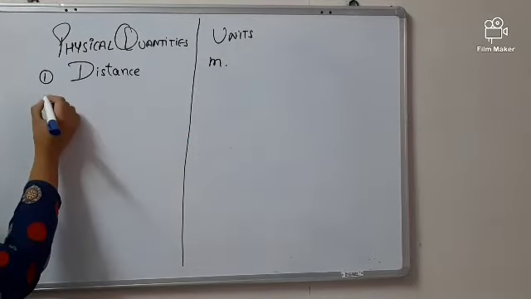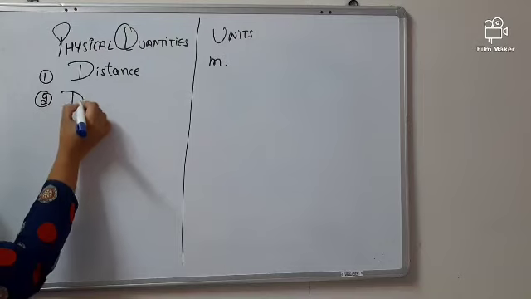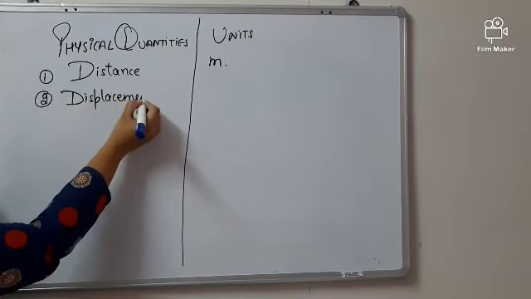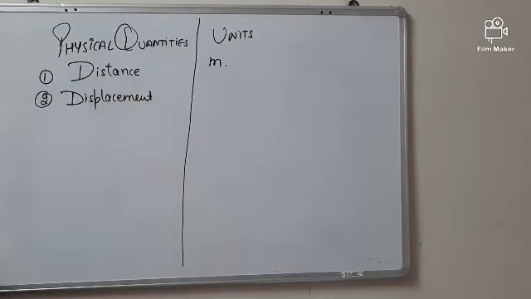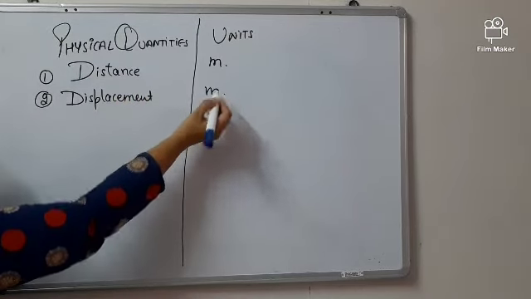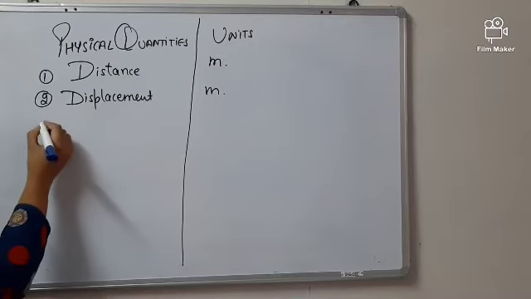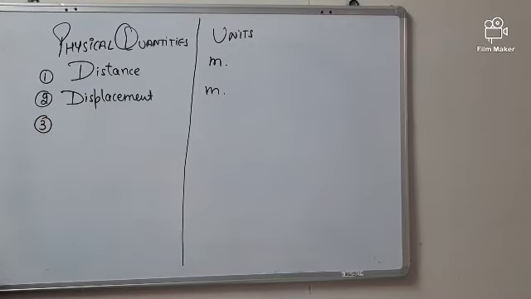Then the second we have done is displacement. What is its unit? Again meter, because it is distance in one particular direction. Okay, so it is a kind of distance only. So it is meter.